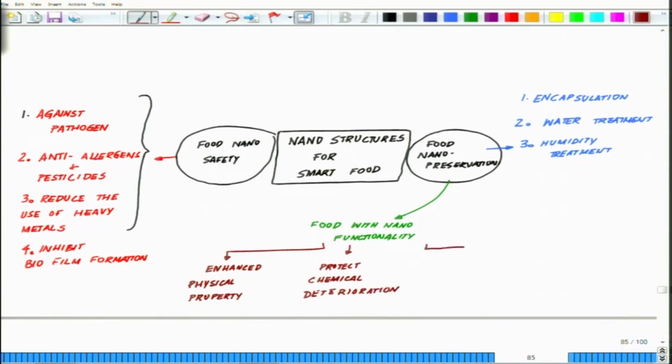Similarly, they enhance nutritive quality. Okay.